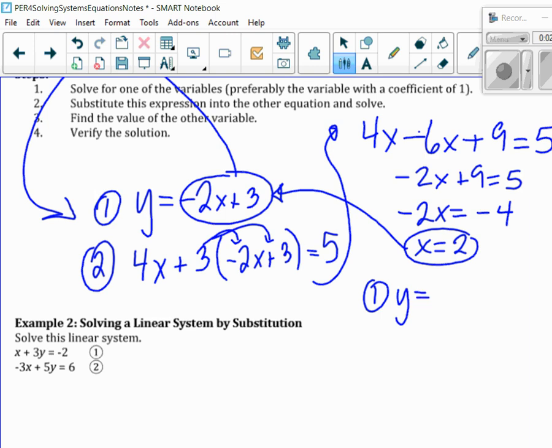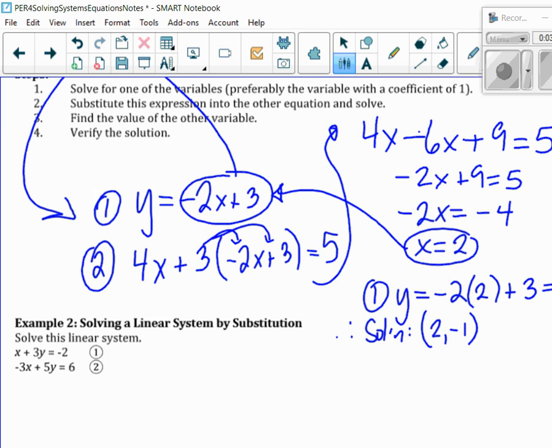Y equals negative 2, now instead of the x, I'm substituting 2 in, plus 3. So then I get negative 4 plus 3, which gives me negative 1. So that means my solution is 2 comma negative 1.